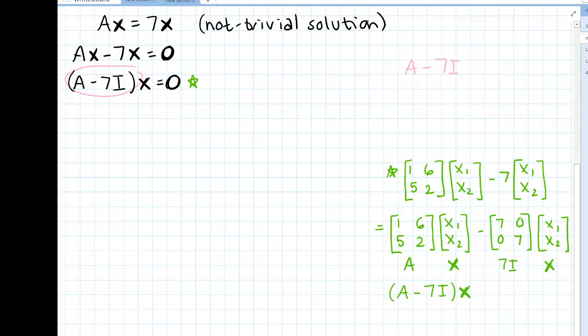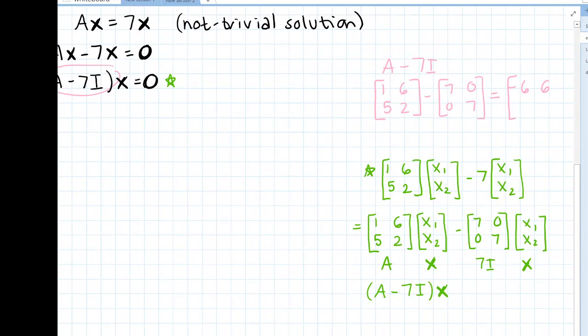Well, that means we're taking our original matrix, which was 1, 6, 5, 2, and we're subtracting 7, 0, 0, 7. We just subtract component-wise and we get negative 6, 6, 5, negative 5.